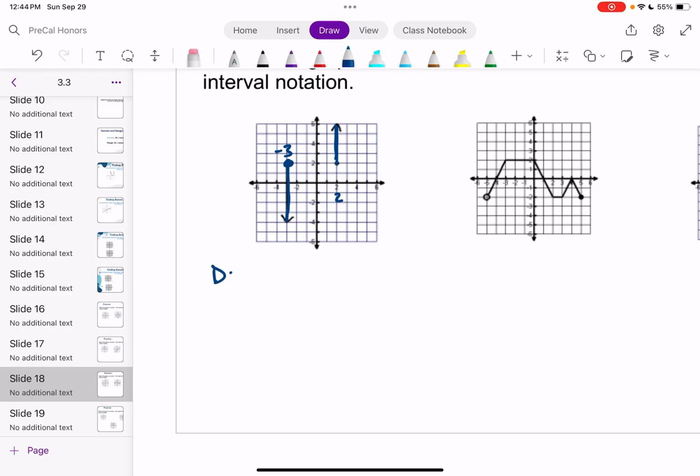So for the domain in interval notation, we would have bracket -3 in union with bracket 2. Our set notation would be x such that x is equal to -3 and 2.